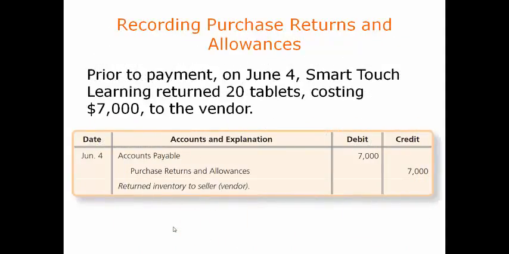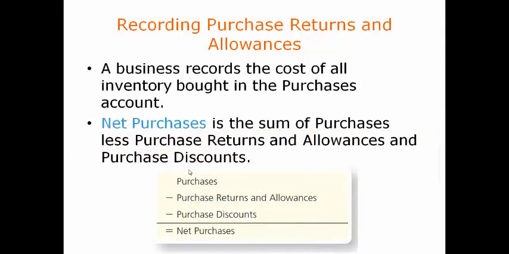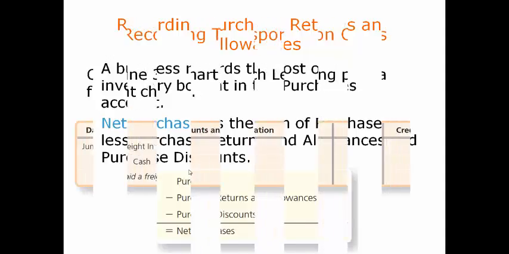And then you have purchase returns and allowances. Before, in a perpetual inventory system, that would go to merchandise inventory, where now it's going to go to purchase returns and allowances. And our net purchases are purchases minus purchase returns and allowances minus purchase discounts, which gives you net purchases.